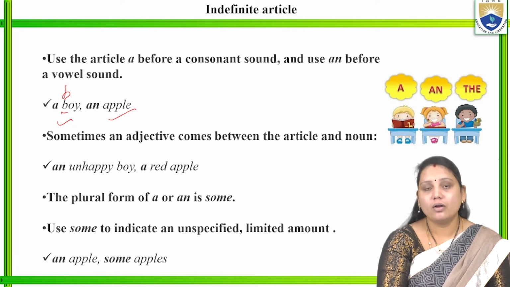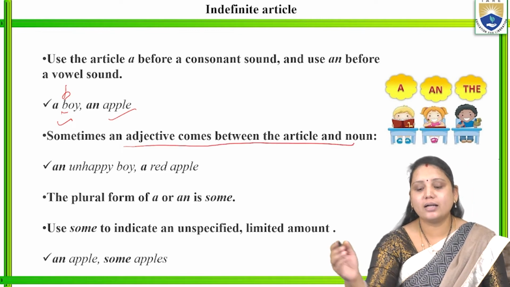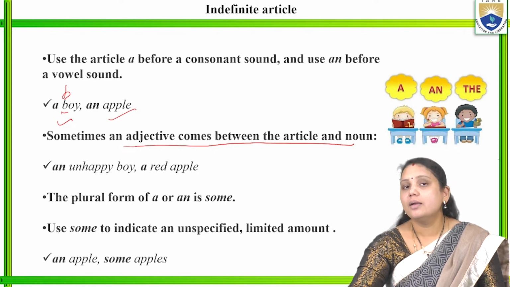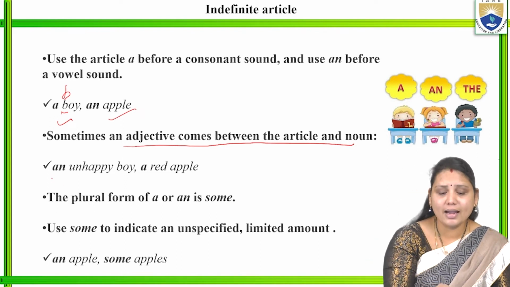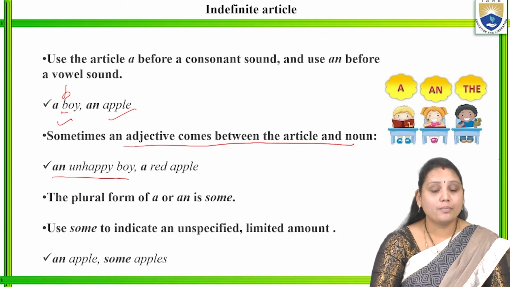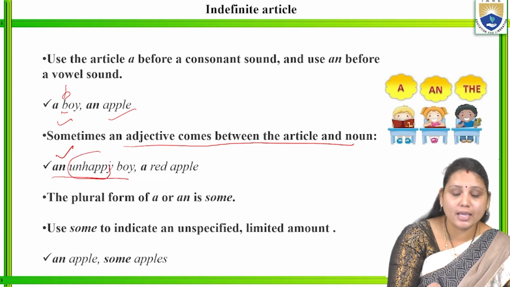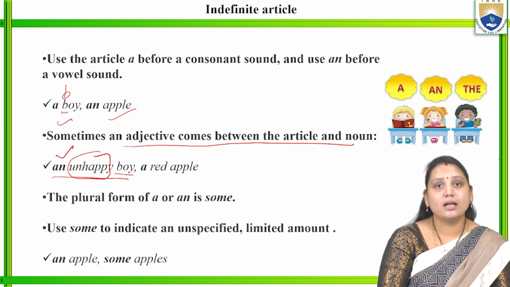An apple. Okay. Next, sometimes an adjective comes between the article and the noun. Let us see how. An unhappy boy. Here, an is your article, unhappy is the adjective and boy is the noun.